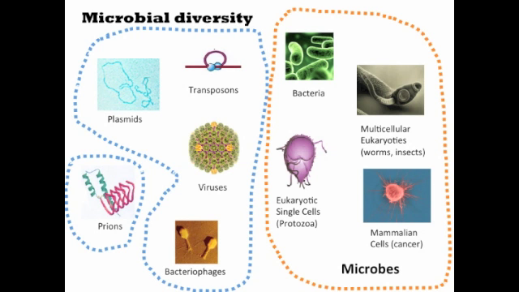You have the prions all by themselves as purely proteinaceous things. In the middle category, you have things that are non-cellular, meaning they don't have an aqueous cavity and they don't have replication, and they're dependent on a cell for replication. So you can have things like plasmids, transposons, viruses, and bacteriophages. All can potentially have these types of interactions with a host or play roles within these processes.